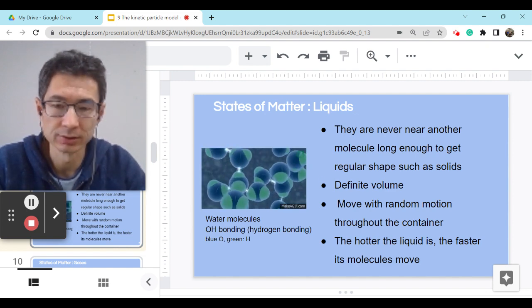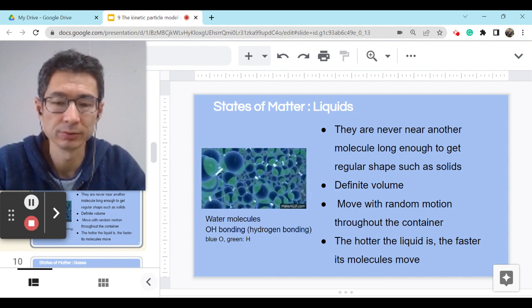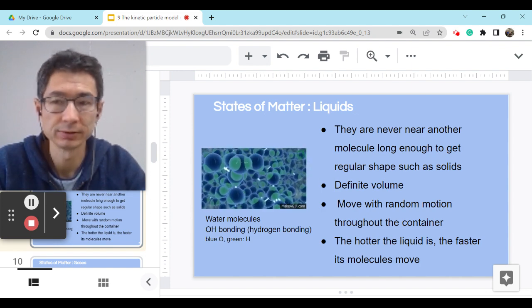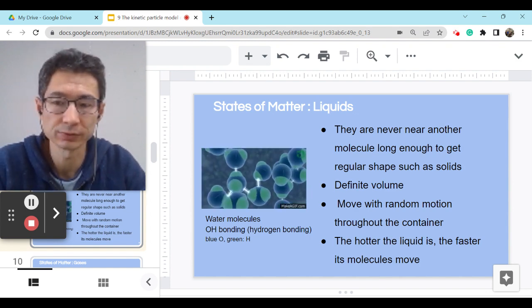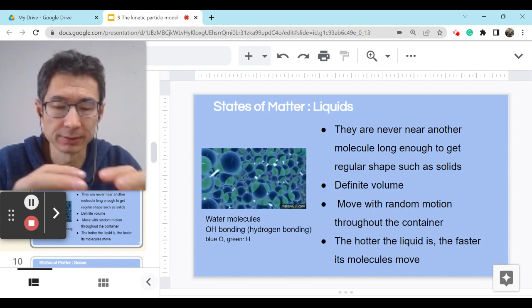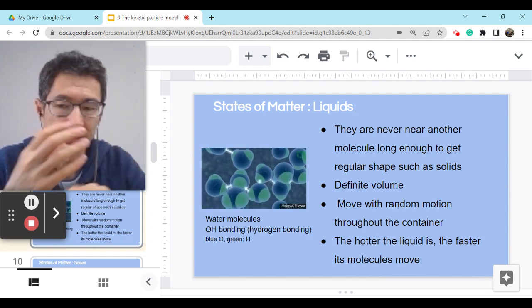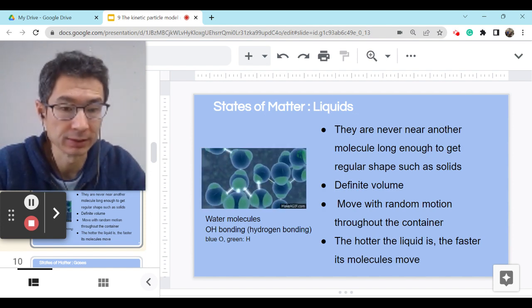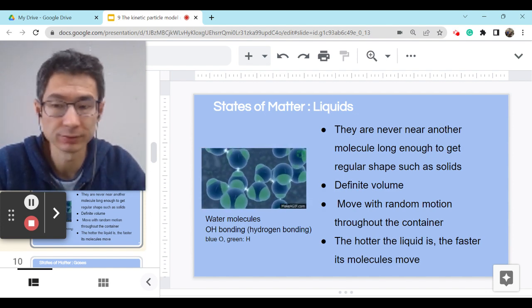Here in the animation, as you can see, these hydrogen bonds, intermolecular forces, keep them together, but they are still in constant, random motion throughout the container.